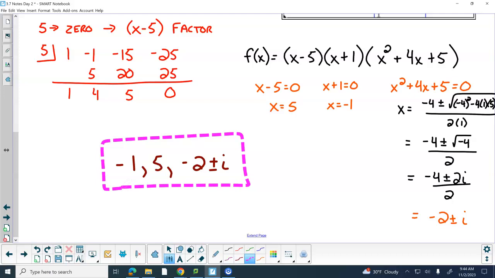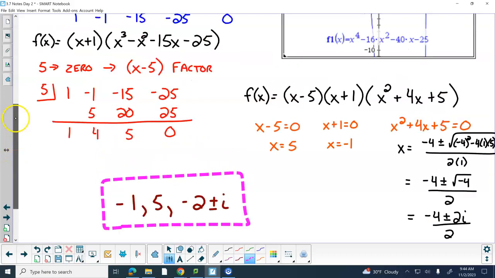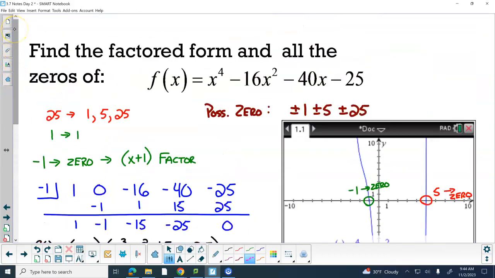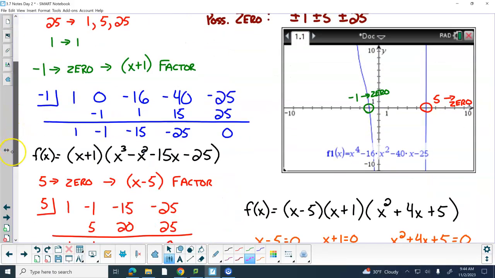So you do not have to do that with the other. This f of x has been the same all the way through. We've just been factoring it as we've been going through. With me? So f of x started out as x to the 4th minus 16x. After we did this first one, we rewrote f of x in this black line. So no matter which equation you would use, those answers would be the same.